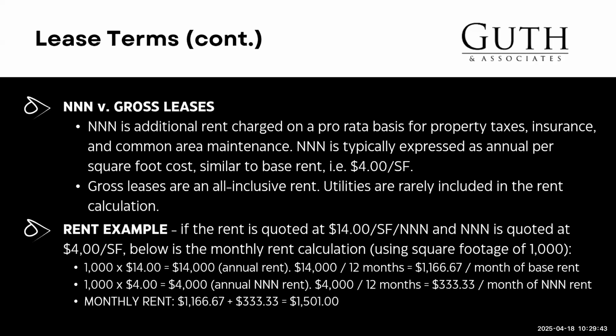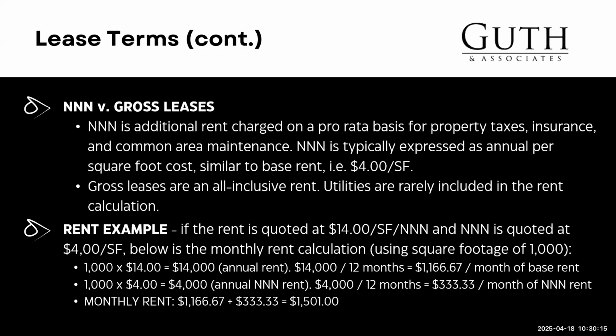So triple net is expressed as an annual per square foot cost, similar to the base rent. So triple net in this example would be $4 a square foot, additional to the 12 we just talked about. So if your base rent was 14 and there's an additional $4, you're really paying $18 a square foot in rent.